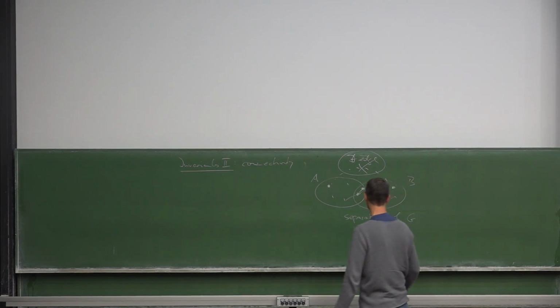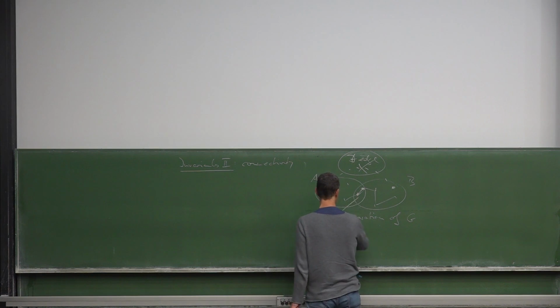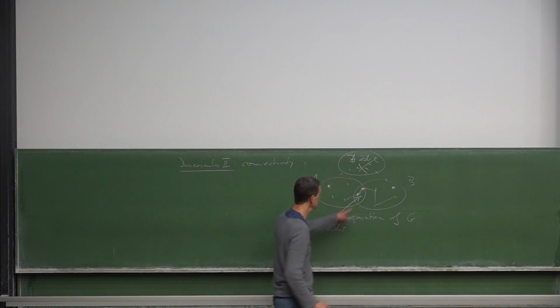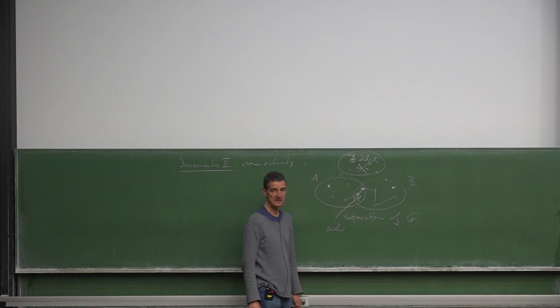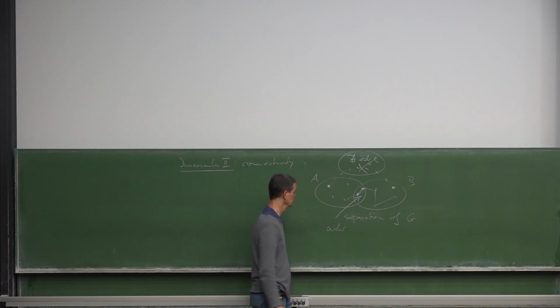And this separation has order K if there are K vertices in this intersection. Right?